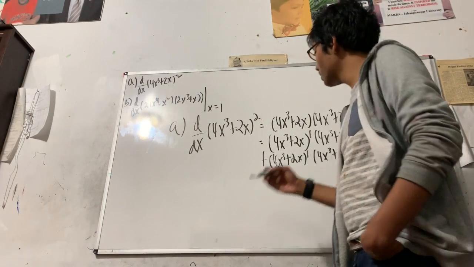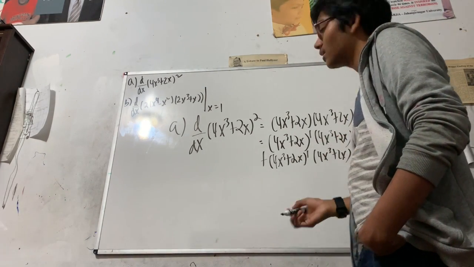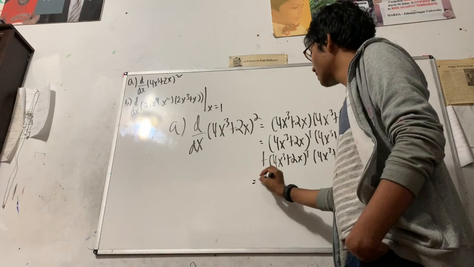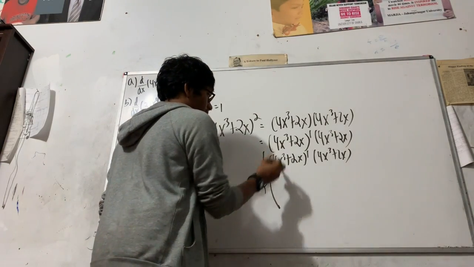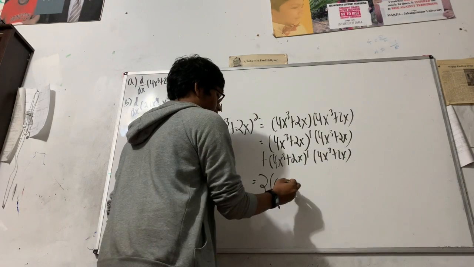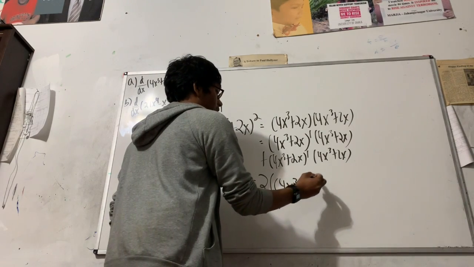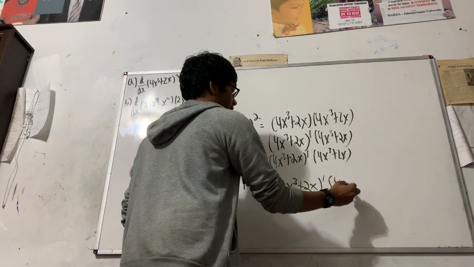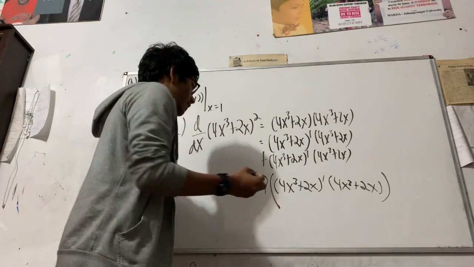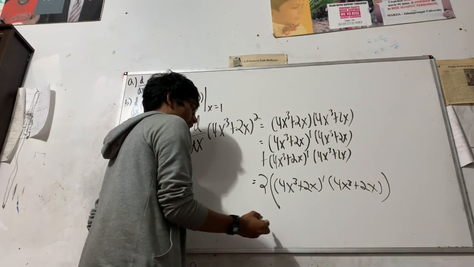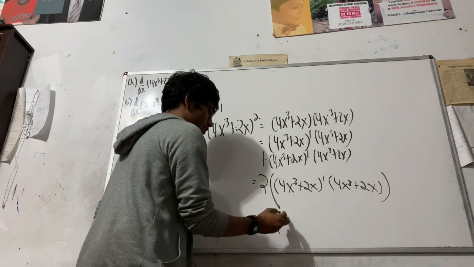Right, so because we have two like terms, we can simply combine them, and I'm going to rewrite this as 2 times the derivative of 4x cubed plus 2x times 4x cubed plus 2x. Okay, so we're almost there. Let's find the derivative of 4x cubed plus 2x.